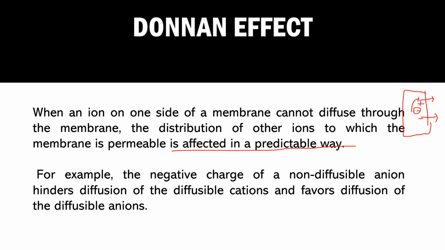How? Suppose this ion is a negatively charged ion, or anion. Obviously it will prevent the movement of the diffusible cations, or positively charged ions, because it will attract them, whereas it will facilitate the movement of the negatively charged ions to the opposite side, because it will repel them. So the movement of some ions will be favored, and the movement of others will be hindered.